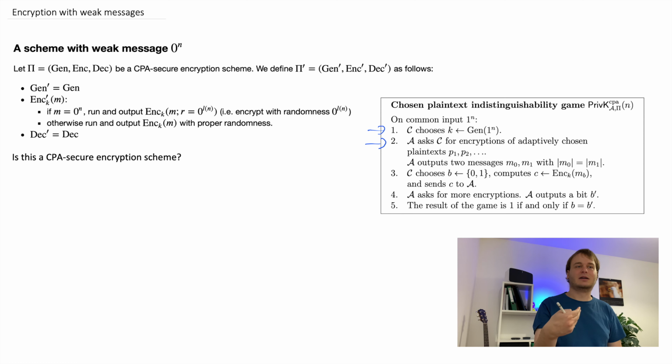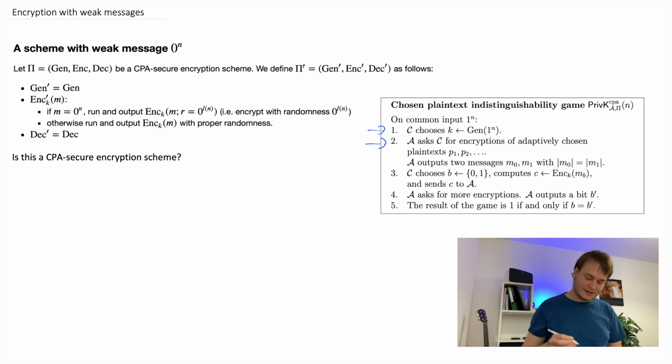And then the challenger will answer with the encryption of P1 using the key that he chose in the first step. Then A can look at the ciphertext and then maybe decide, hey, I want to know an encryption of P2. Then he asks for the encryption of P2, C will reply with the ciphertext, etc., etc.